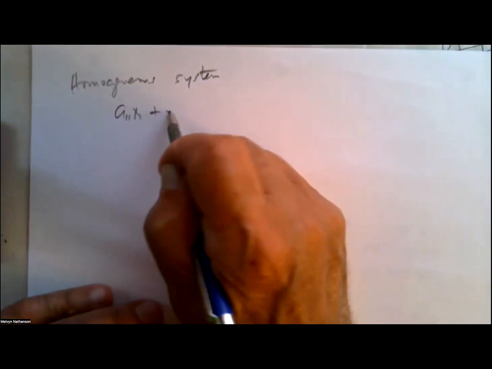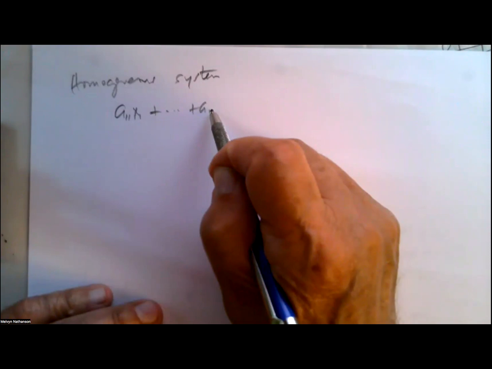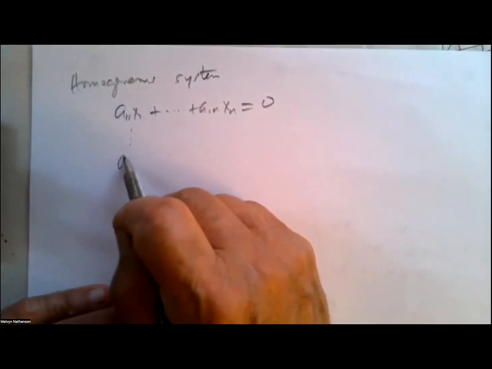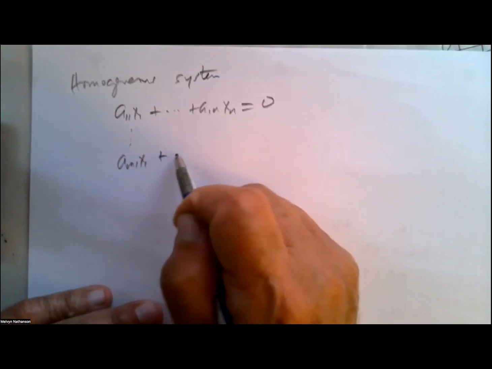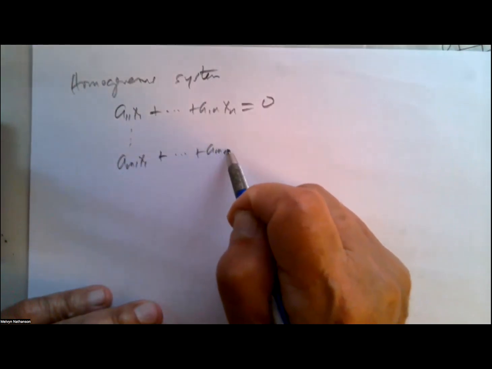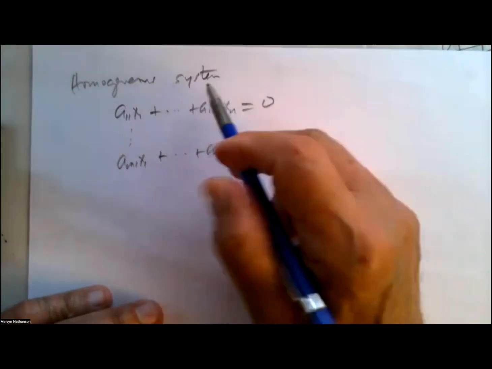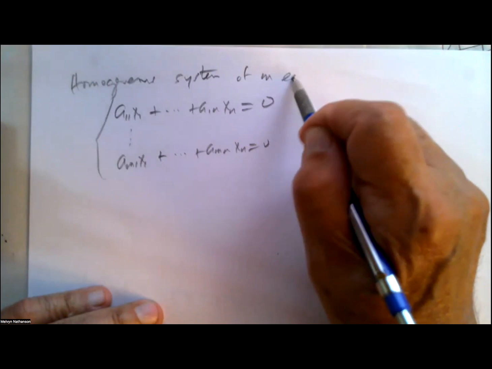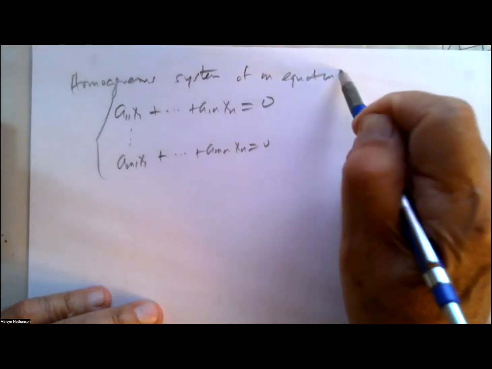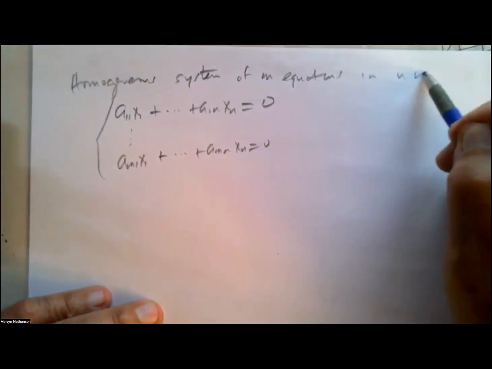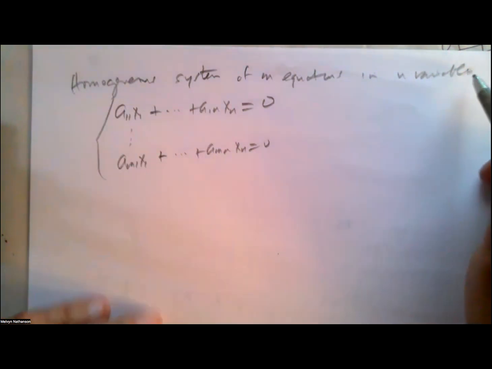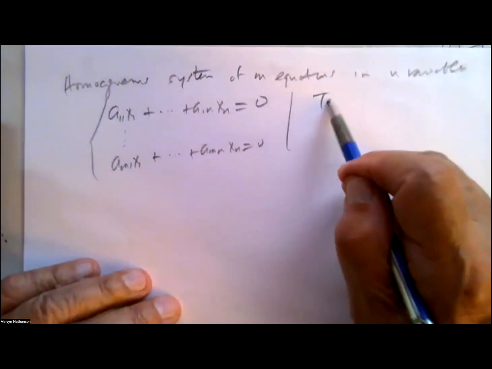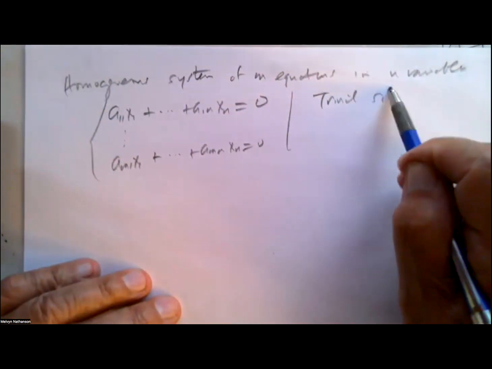A11 x1 plus up to A1n xn equals 0, down to AM1 x1 plus up to AMN xn equals 0. This is a homogeneous system of m equations in n variables. And there is always the trivial solution.